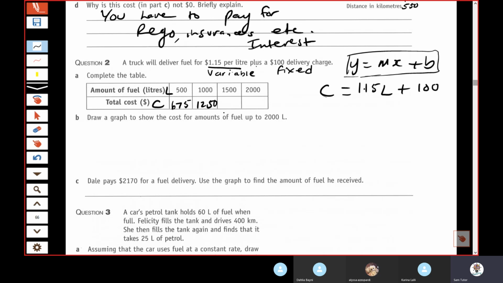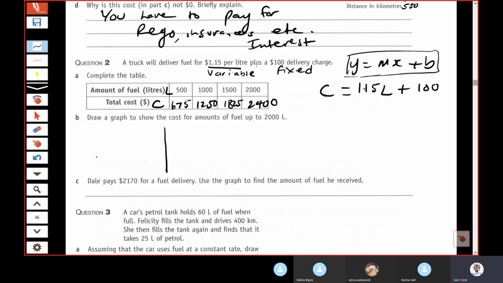Next one, if you bought 1,500 liters, it would be $1,825. And of course, if you bought 2,000, it will be 2,400.